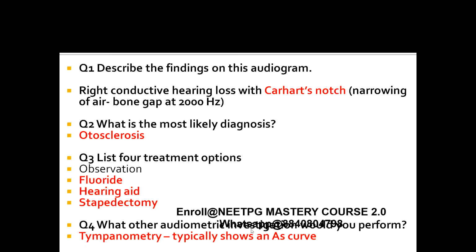What other investigations you would perform? So basically you can perform a tympanometry which will show you an As type of curve. So this is a peculiar situation when you will find your patient having conductive hearing loss, air bone gap, and the tympanic membrane is intact. So not confusing, this is otosclerosis.